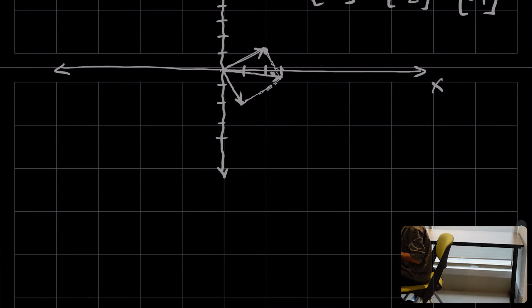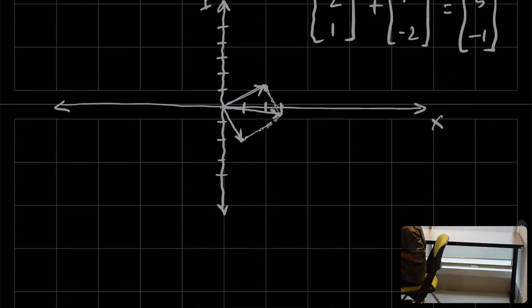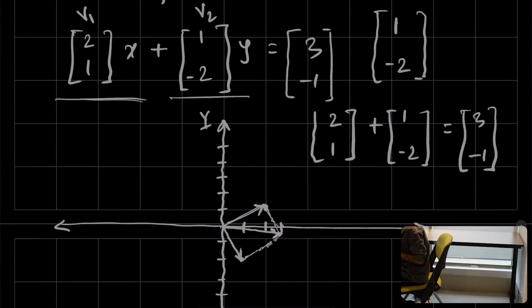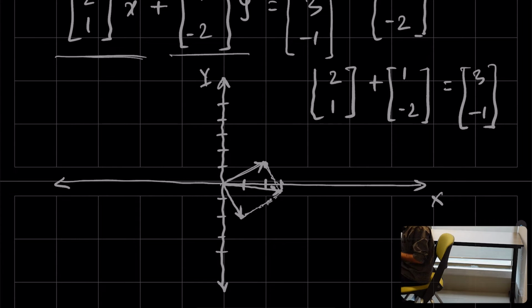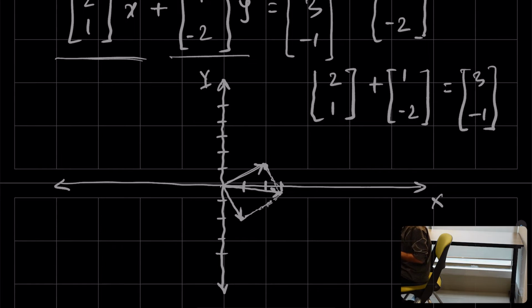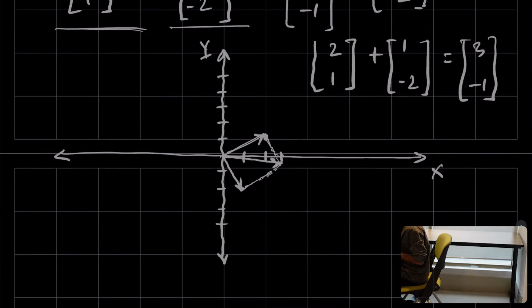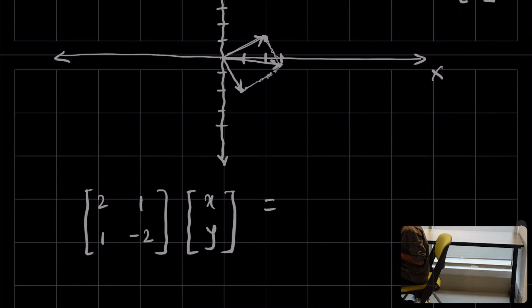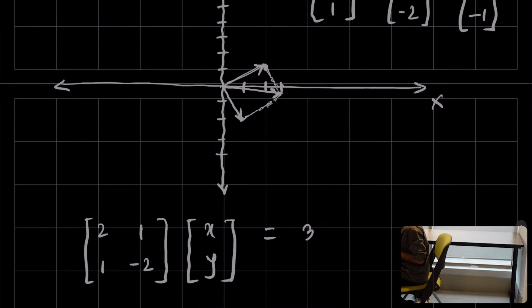Finally, the thing that I want to introduce: if I combine these two vectors v1 and v2 into a matrix, a rectangular array of numbers, then this will be 2, 1, 1, minus 2, and if I take x, y like this, then this is equal to 3, minus 1.